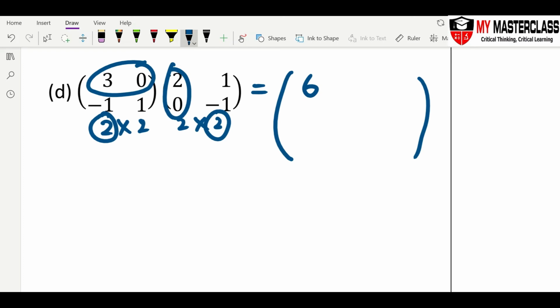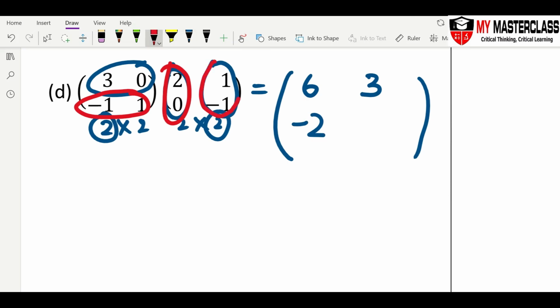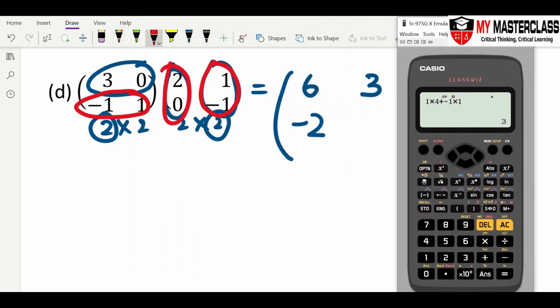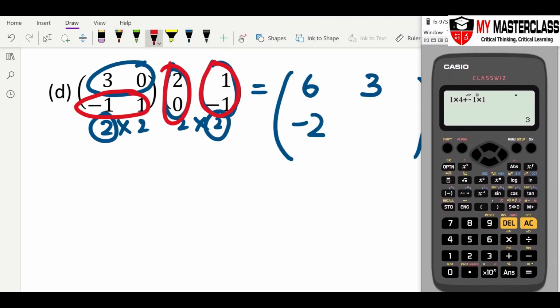First row, second column: 3 times 1 plus 0 times negative 1. Next one, second row, first column. Again, and that would be negative 2. And then second row, second column. If you are not confident, always use your calculator to find out.